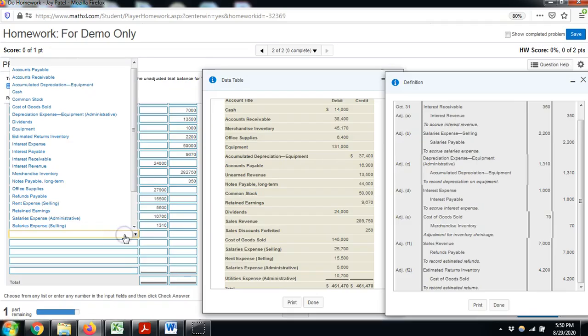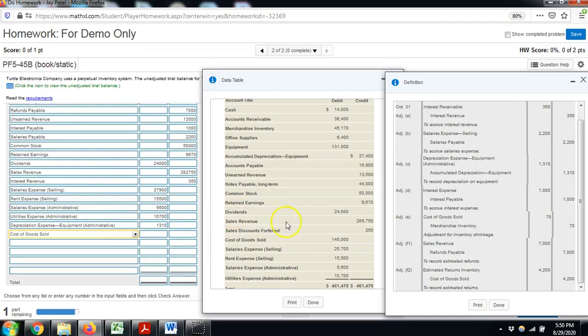And of course our most significant expense, which is cost of goods sold. So this was affected by a couple of our adjustments. So we start off with 145,000. And then we had this adjustment, this debit of $70 for our shrinkage. So we have to add that to our debit balance for cost of goods sold because this was also a debit.